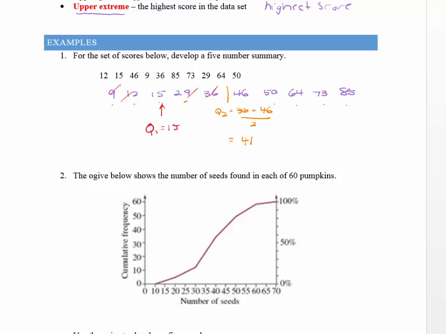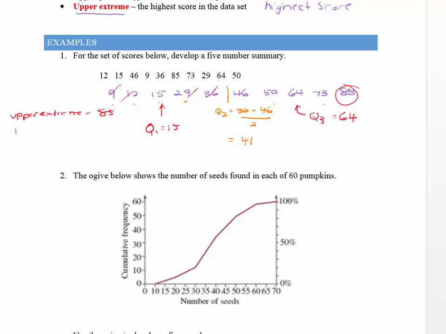And then when we look at the other one, we want to find Q3. So Q3 we can easily see in this case is 64. So to get my 5-number summary, what we need is the upper extreme, that's the highest score, which in this case is 85.